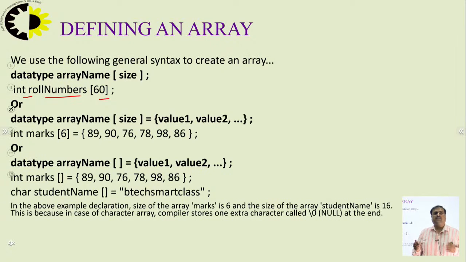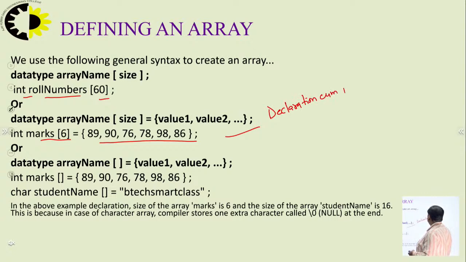There are some other ways of declaring arrays also. Here we have declared an array of size 6 and we have stored some values. This is basically called declaration cum initialization.